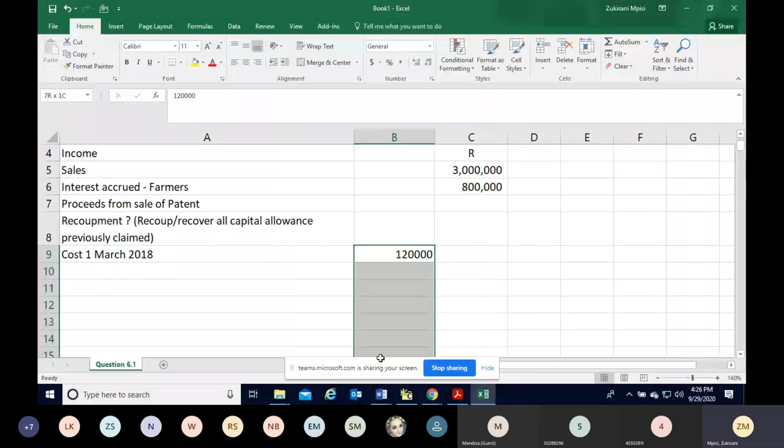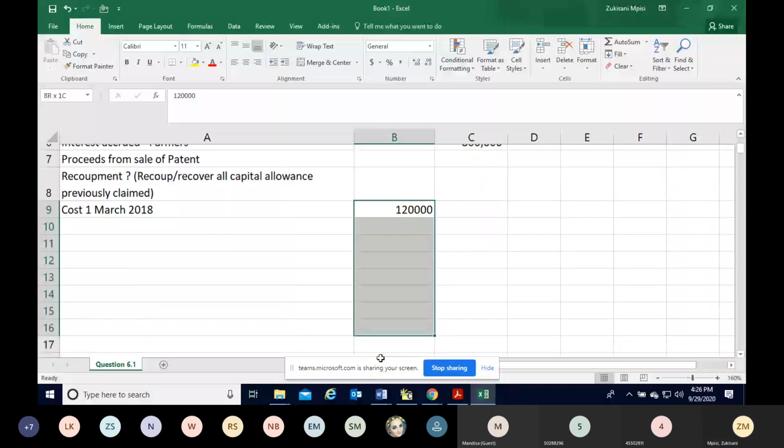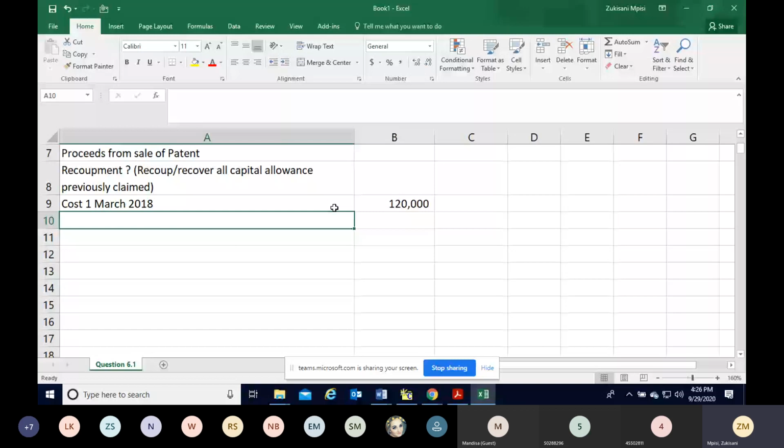So the next thing that we are looking at is what were the capital allowances that were given for this particular asset. We first look at the 2019 year of assessment, and then we'll look at the 2020 year of assessment.